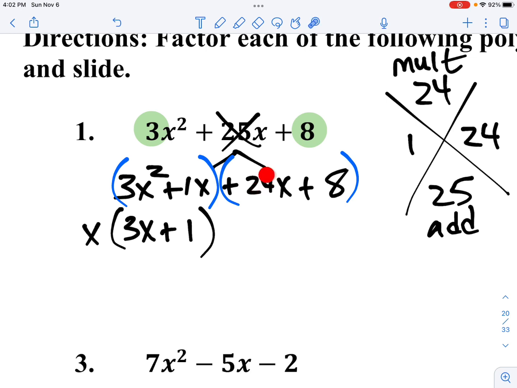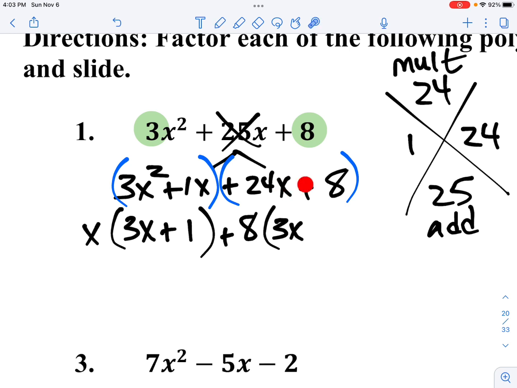Now let's look at these numbers. 24 and 8. What is the biggest number you can divide 24 and 8 by? 2 works, 4 works. There's a bigger number. You can divide this number by 8 and this number by 8. We always want to take the biggest number, and they're both positive, so I'm keeping a plus there. 24 divided by 8 is 3. There's still an x here, so keep that there.